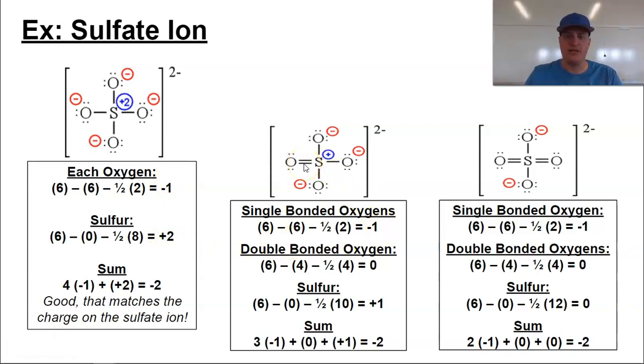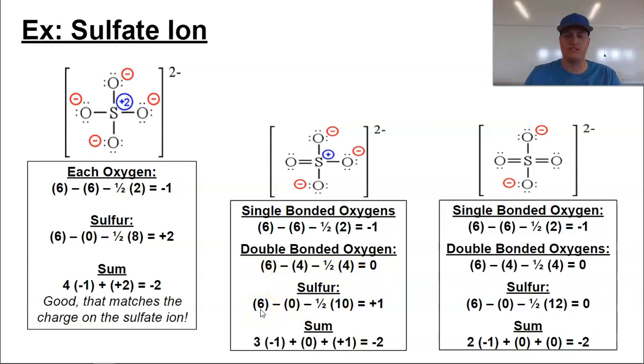We have a double bonded oxygen here and only one single bonded. So we've got an expanded octet in sulfur, and you'll learn that this is more common to occur. When we go through the bonded oxygens, the exact same idea for the single. For the double, we get a 0. That's good.